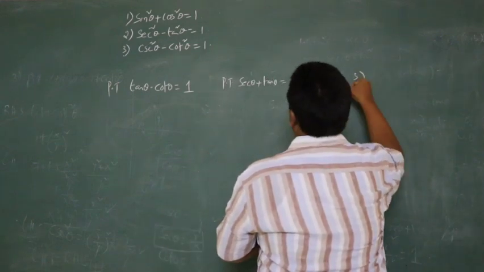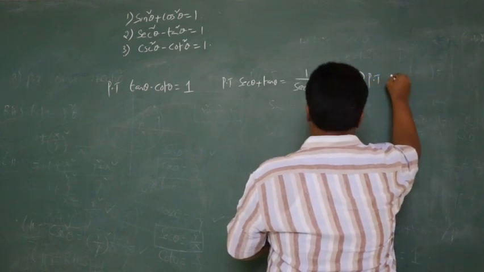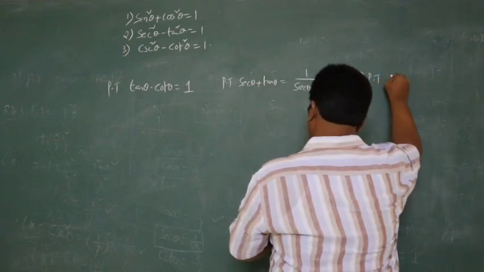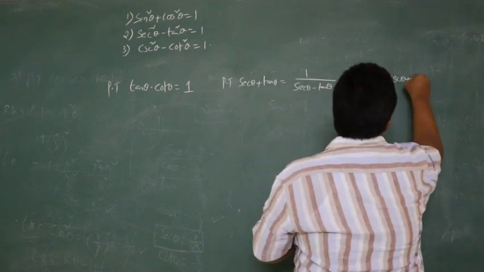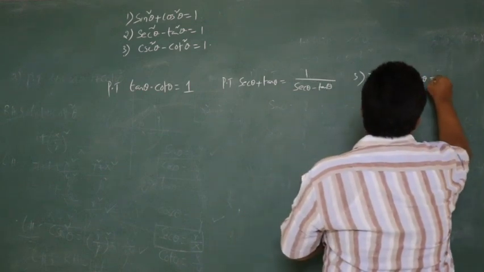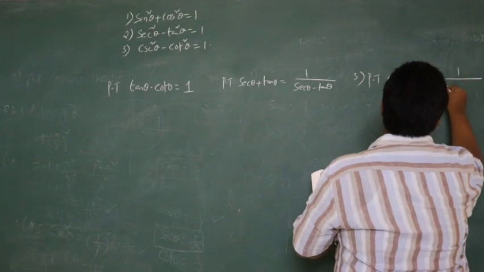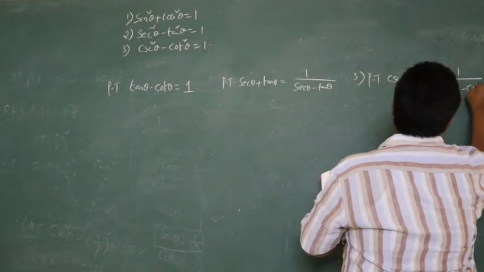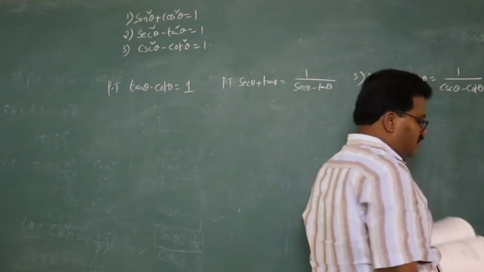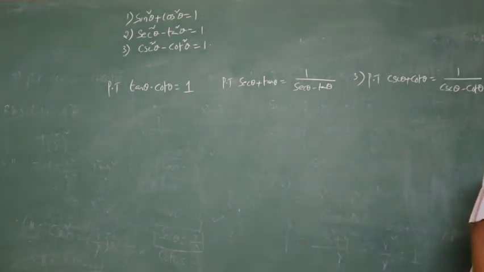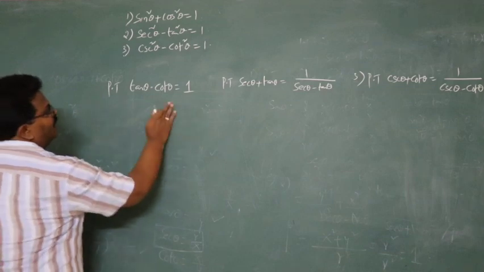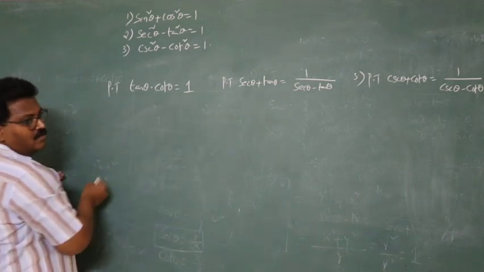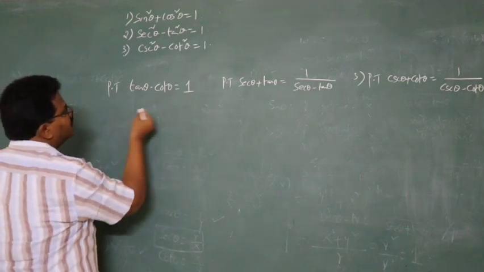Third one, prove that cosec theta plus cot theta equal to 1 by cosec theta minus cot theta. Here we already know that tan and cot both are reciprocals of each other.